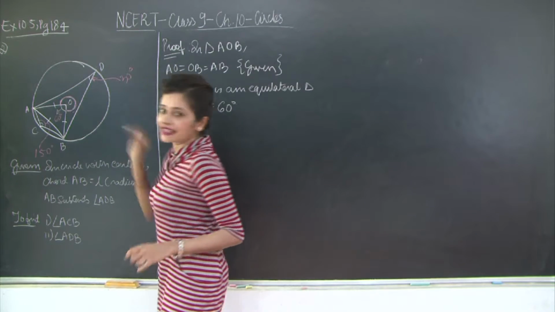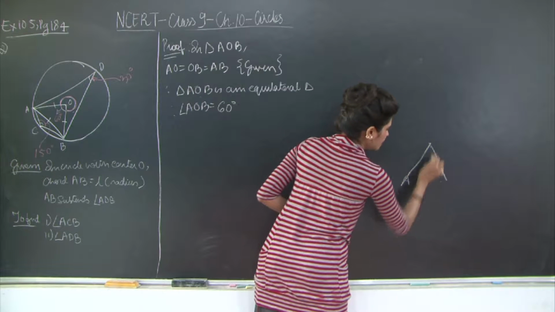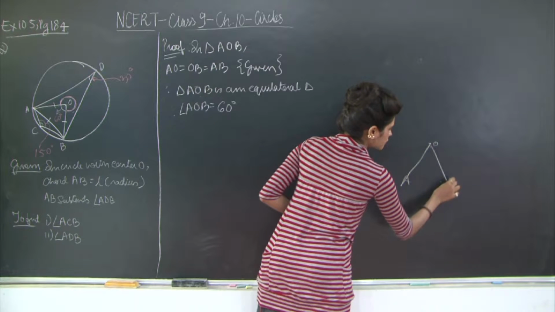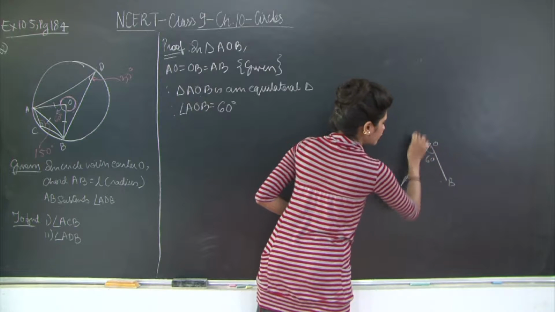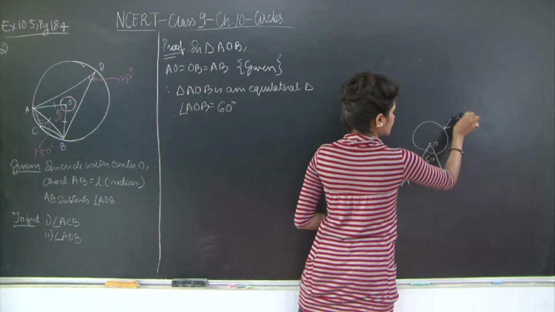Therefore, reflex angle AOB. So, I have AOB, this is 60. Therefore, this angle will be 360 minus 60 which is 300 degrees.